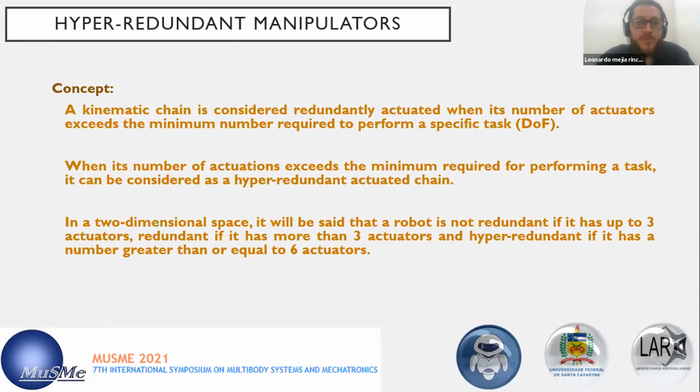Also, when its number of actuations exceeds the minimum required for performing a task, it can be considered a hyper-redundant actuation chain. And finally, in two-dimensional space, a robot is not redundant if it has up to 3 actuators, is redundant if it has more than 3 actuators, and is hyper-redundant if it has a number greater than 6.